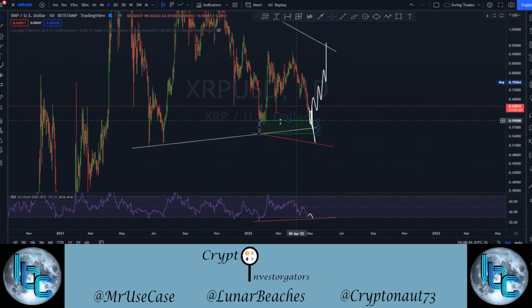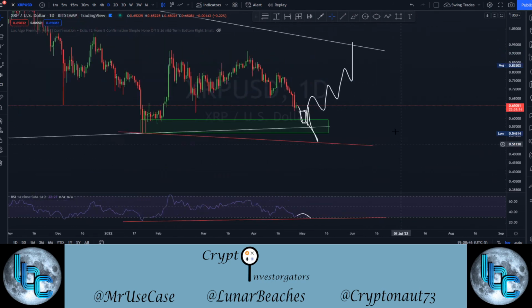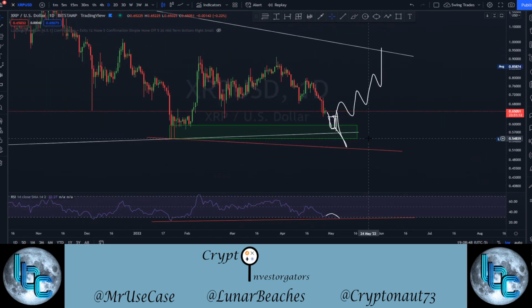We got a candle body close inside of the box, inside the zone. We've got a wick down here that created this downward slope, which creates an upward slope on the RSI, which creates bullish divergence. And then we have a pop-up out of this zone, and then we have a pullback, test for support, and then we keep going.